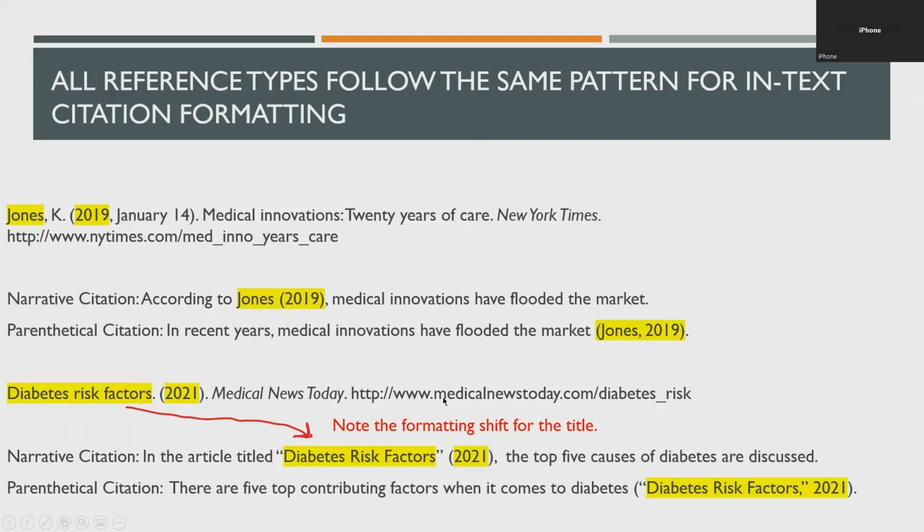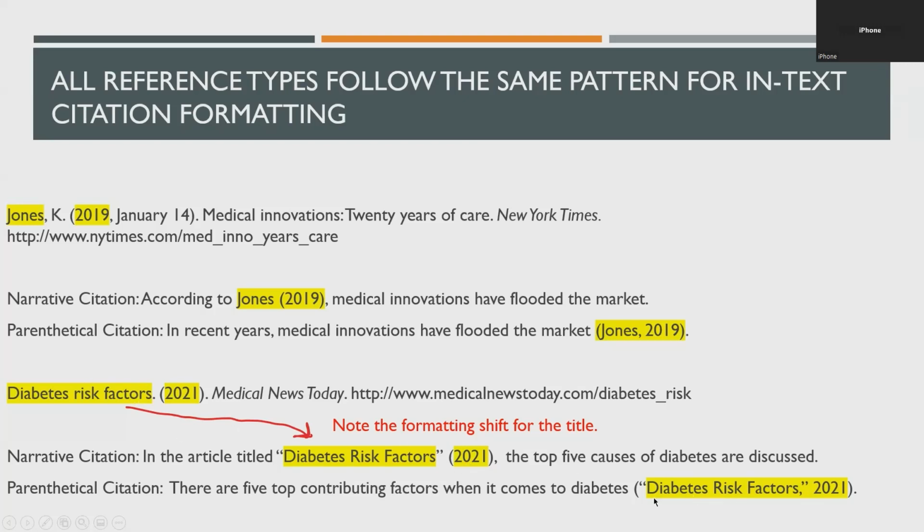So notice in my reference here, there's no author, but we do have a title. So the title of this source is Diabetes Risk Factors. Because there's no author, we use the title of that source in our in-text citation. So in the article titled Diabetes Risk Factors, 2021, so that's how we handle a source that doesn't have an author.